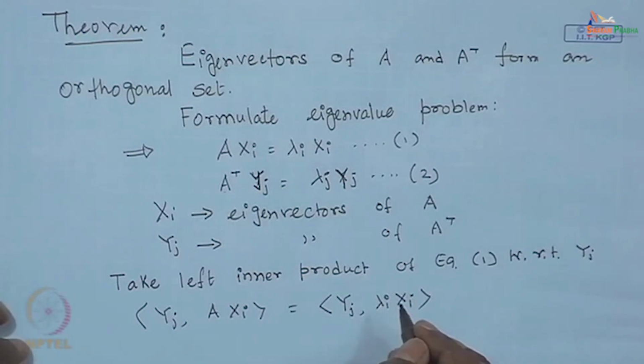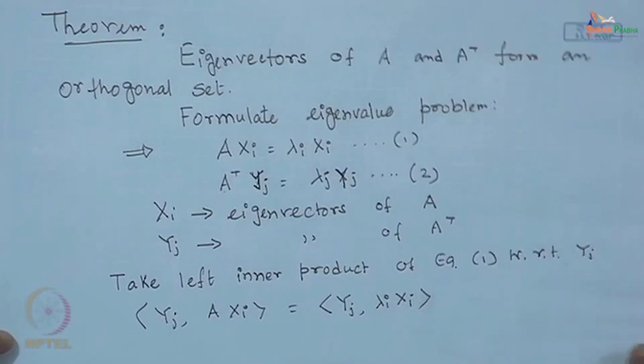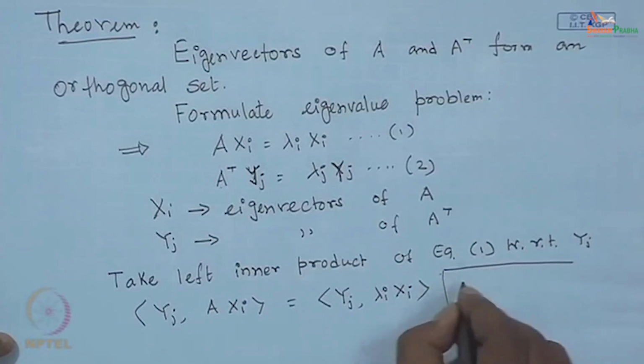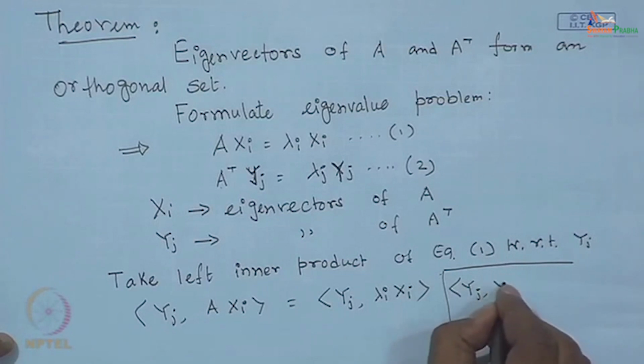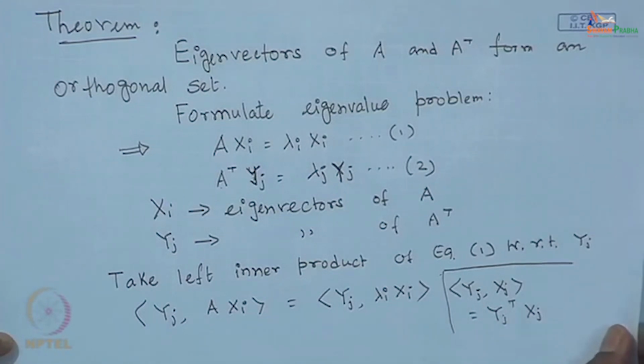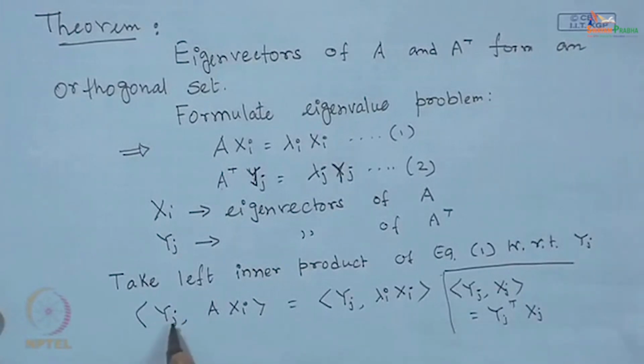If you remember the property of the inner product, which we have already proved earlier, the inner product of y_j and x_j is nothing but the multiplication of y_j transpose and x_j. Utilizing this we will be simplifying the left hand side of this equation. So, it will be nothing but y_j transpose multiplied by A x_i.